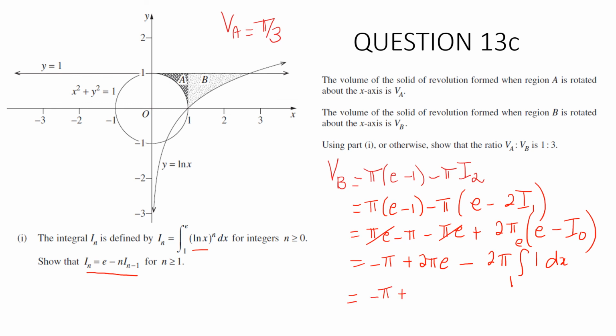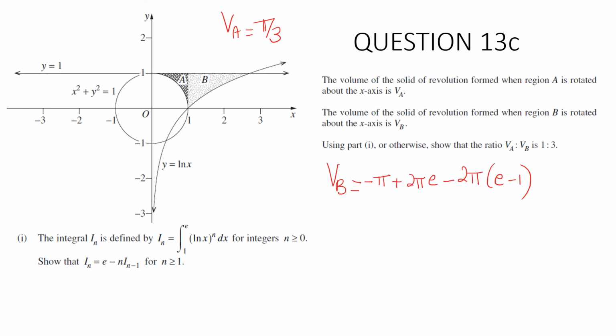Negative π + 2πE − 2π, and in brackets the integral of 1 is x between 1 and E. Substitute in, we get negative π + 2πE − 2π(E − 1), which is −π + 2πE − 2πE + 2π. That cancels, equals π.